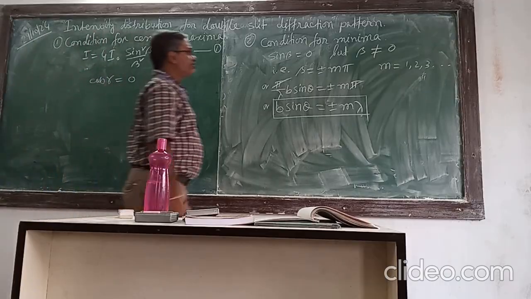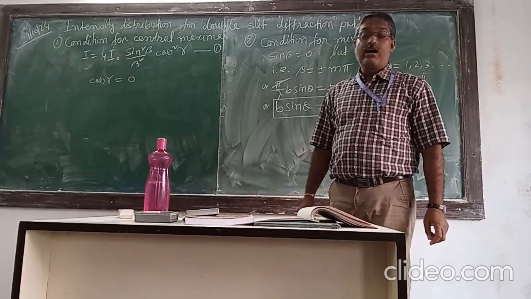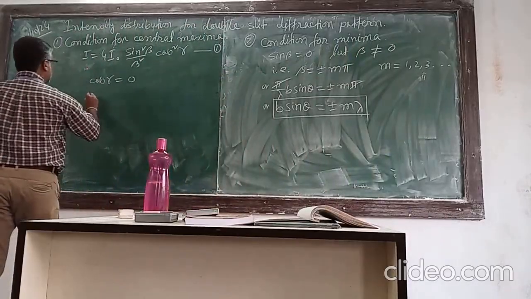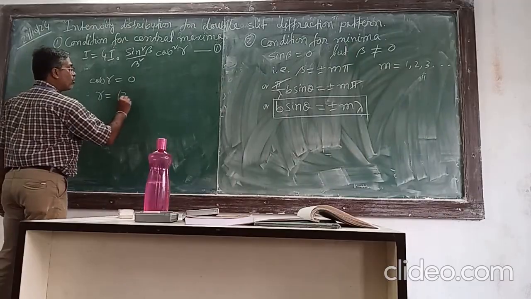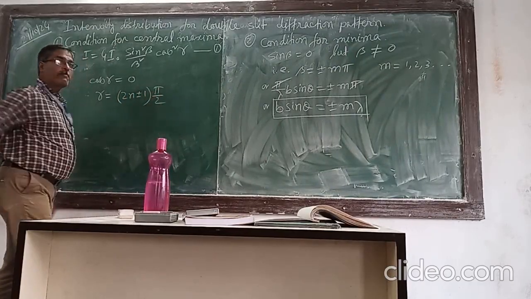So when cos gamma equals 0, then there is the interference minima. If cos gamma equals 0, then what is gamma? Therefore, gamma equals (2n plus 1) pi by 2.